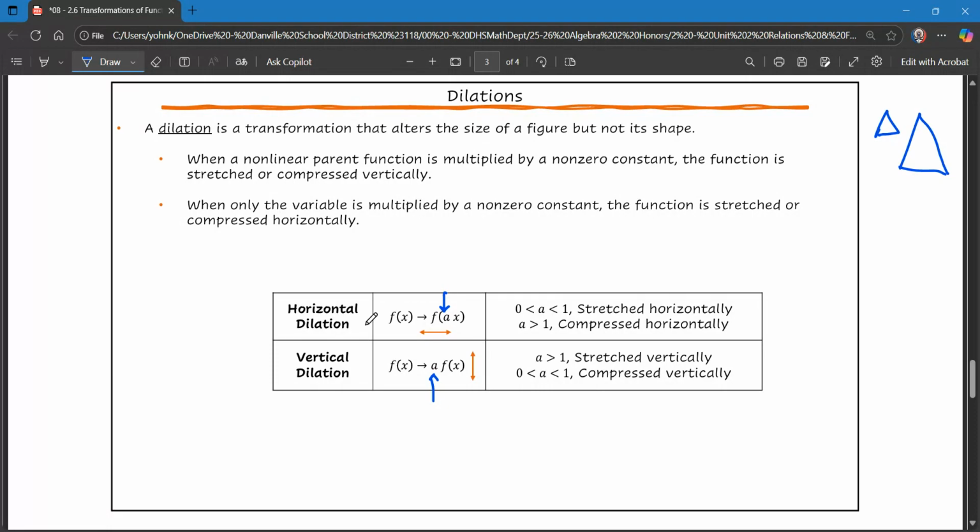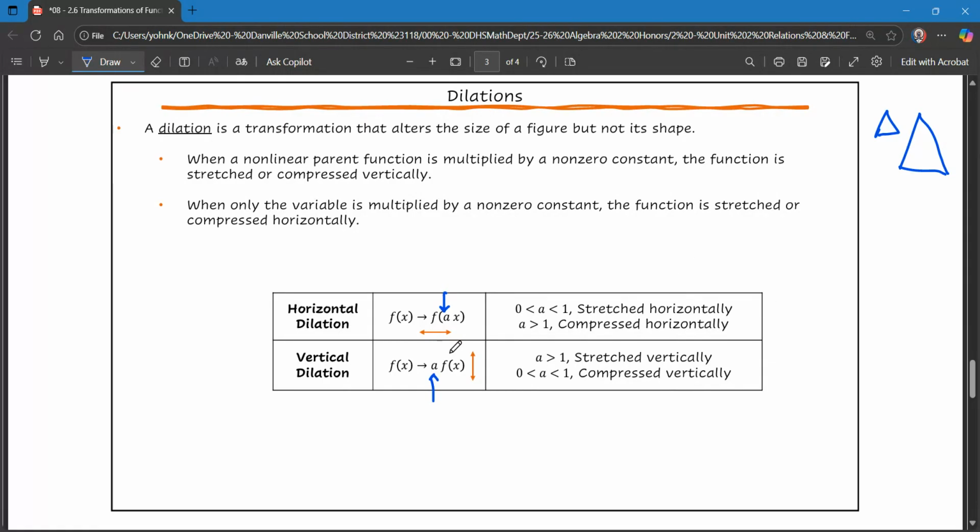So we're going to be stretching it side to side or smushing it side to side. If that a value is between 0 and 1, it is a stretch horizontally. If that a value is greater than 1, it's a compress horizontally. I know there's a lot of rules to remember.